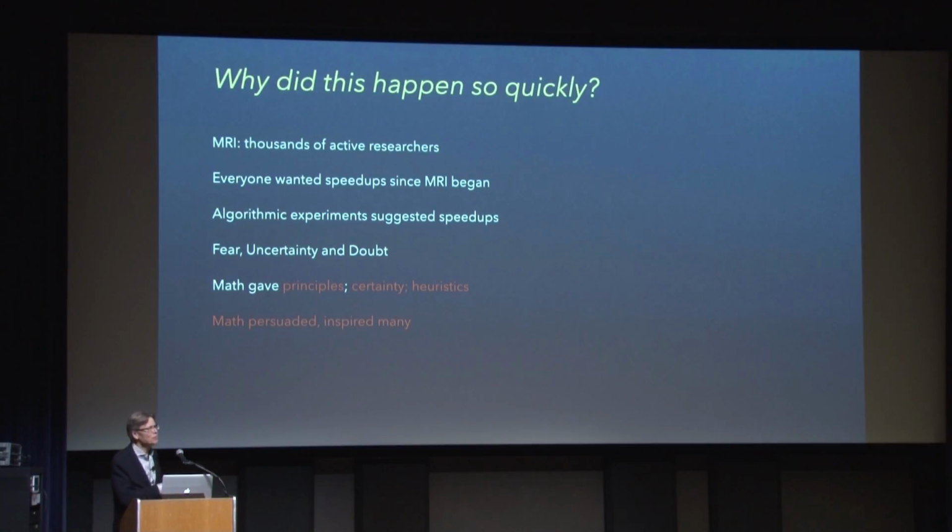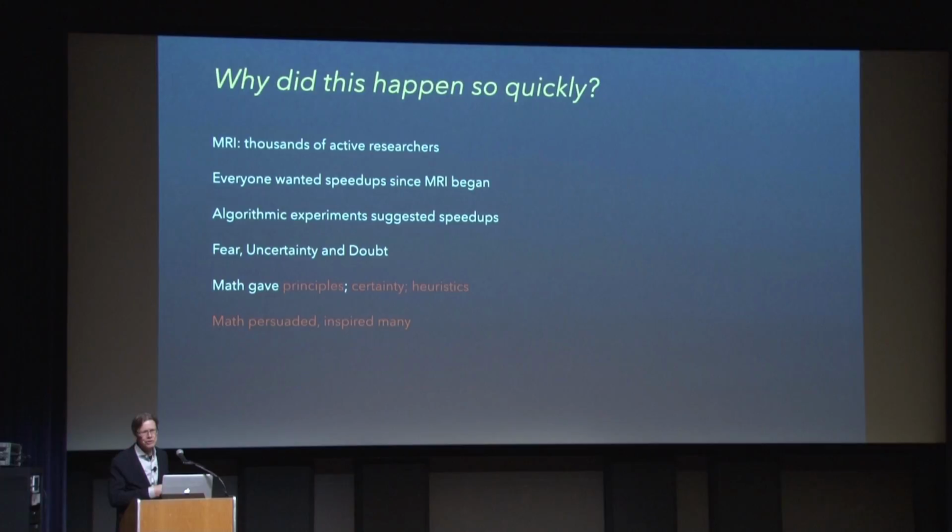There actually were people researching and proposing that you could speed up MRI for decades, as you're going to see. But no one really understood what was being achieved in the experiments that were being presented.